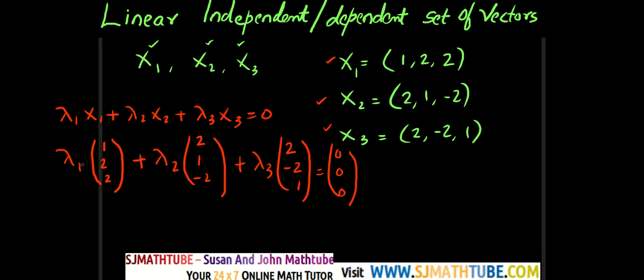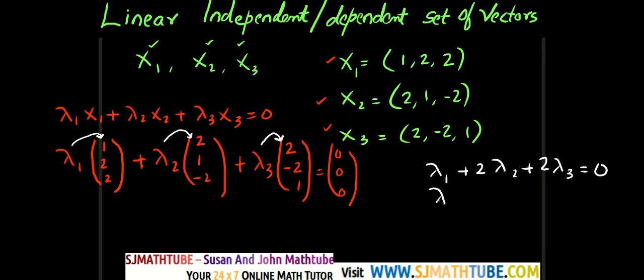And this is going to give me 3 equations. I'll read the first equation. I'm going to multiply the first vector by lambda 1, the second by lambda 2 and the third by lambda 3 and add them up. So the first equation will be lambda 1 plus 2 lambda 2 plus 2 lambda 3 is equal to 0.